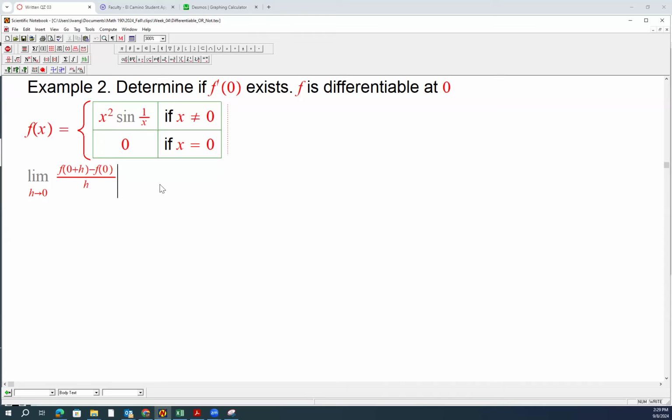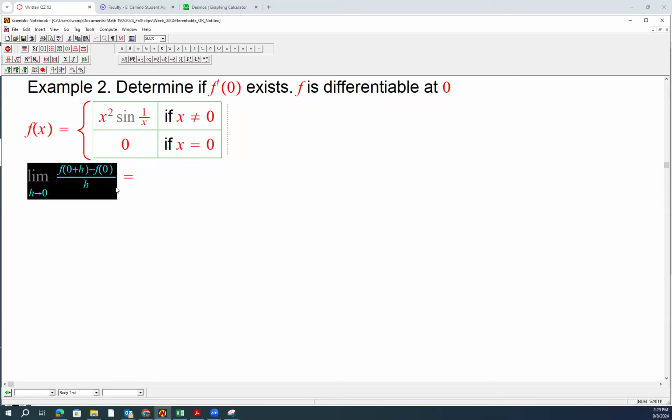This is the definition of the derivative, the limit to observe. If this limit exists, then it is differentiable at 0. If this limit does not exist, then it is not differentiable.